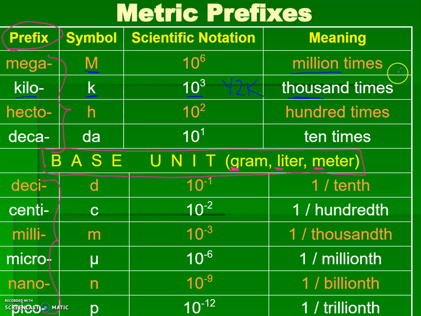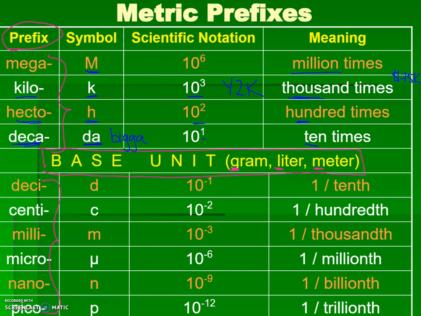And if somebody says, "Oh, I make 75K a year," I make $75,000 a year. All right. Hecto is hundreds, so that's going to be 10 to the second. And deca is da and is 10 times. So deca is bigger than the base unit.